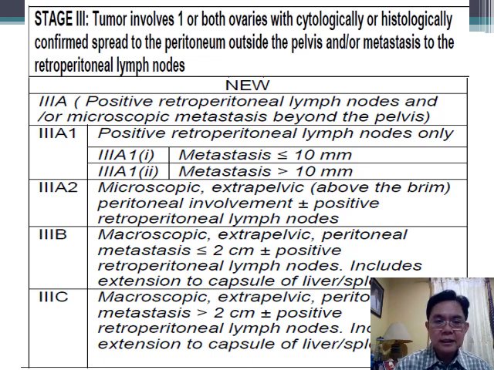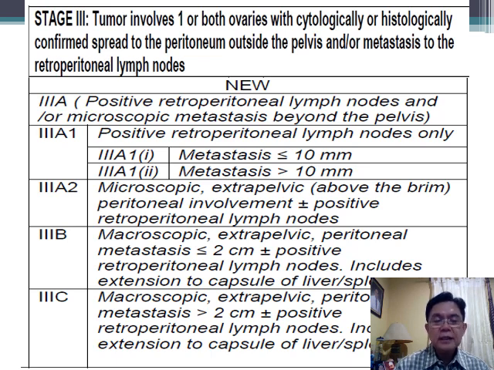Then it is a stage 3A2 disease. Or your random biopsies taken in the peritoneum, might be in the gutters of the abdominal cavity, will turn out to be positive, then that tumor is also a stage 3A2 disease.